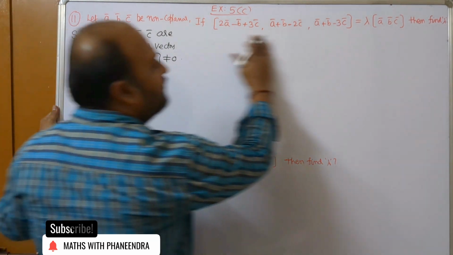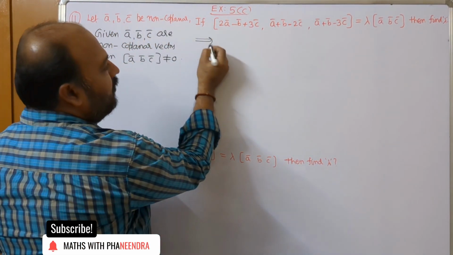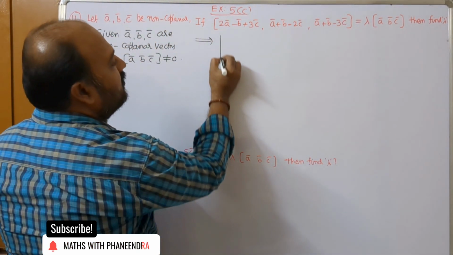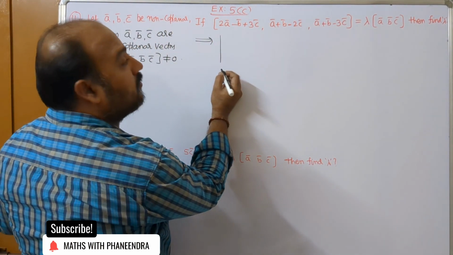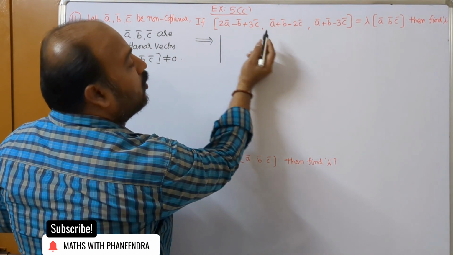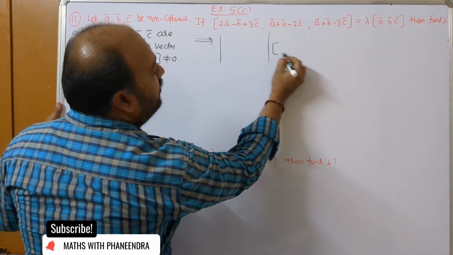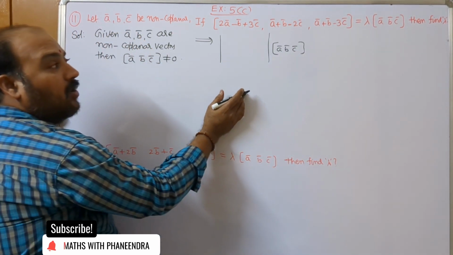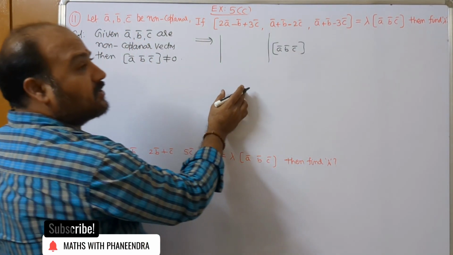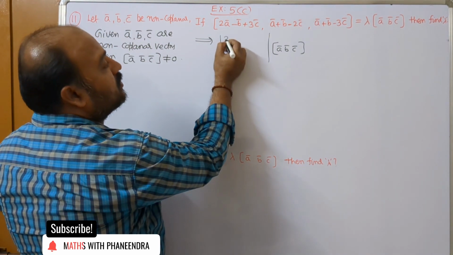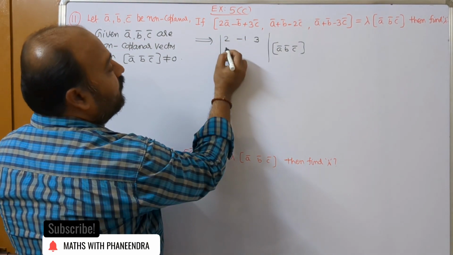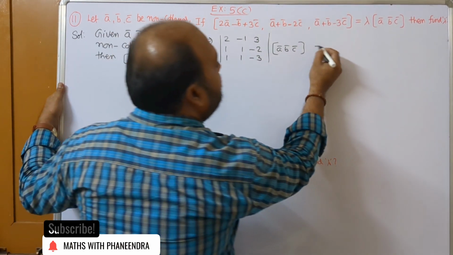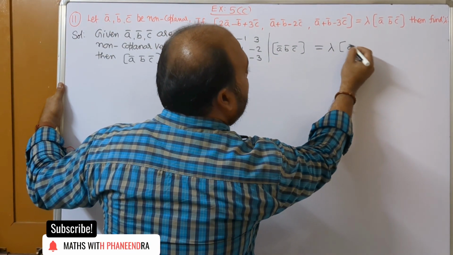Next, the box of this value is given. That implies, first you write this statement in the exam: modulus of A bar, B bar, C bar coefficients you need to write, dear students. In the previous question also we wrote in that way. A bar, B bar, C bar coefficients, that means components: 2, minus 1, 3, 1, 1, minus 2, 1, 1, minus 3 is equal to lambda times box of ABC.